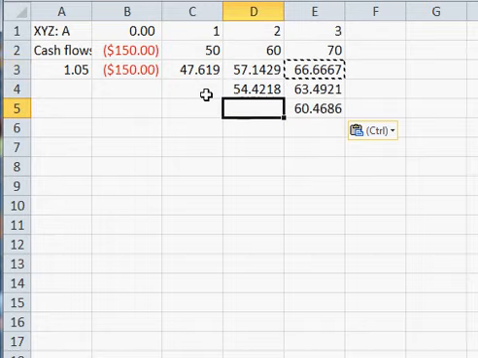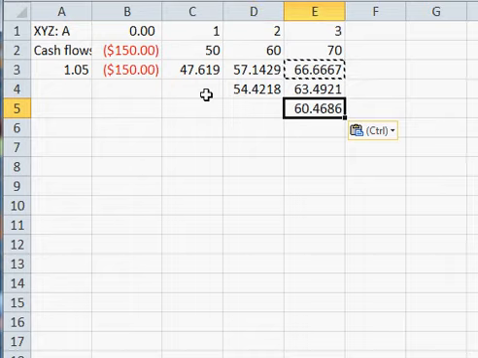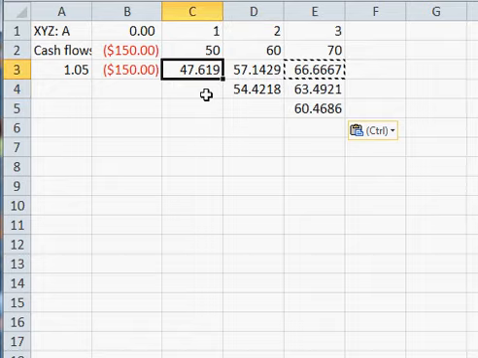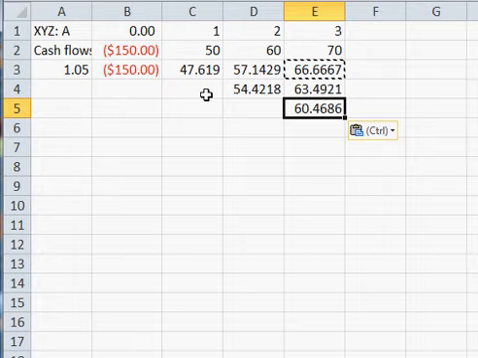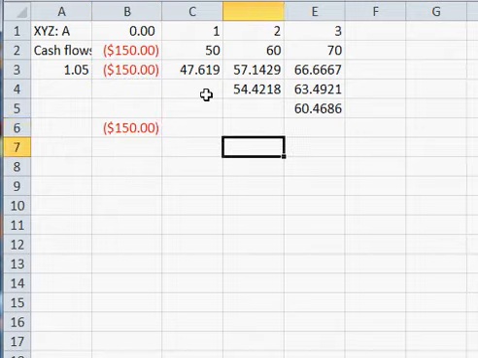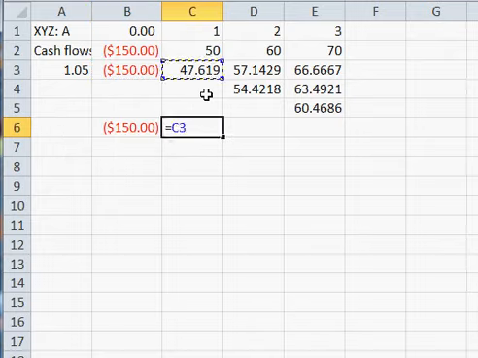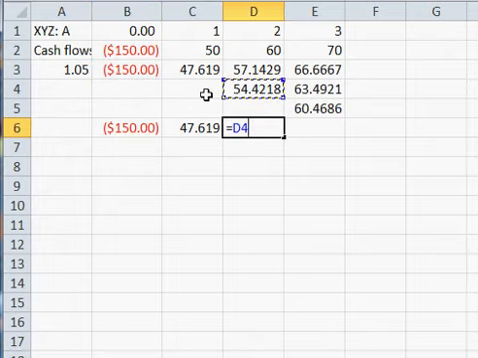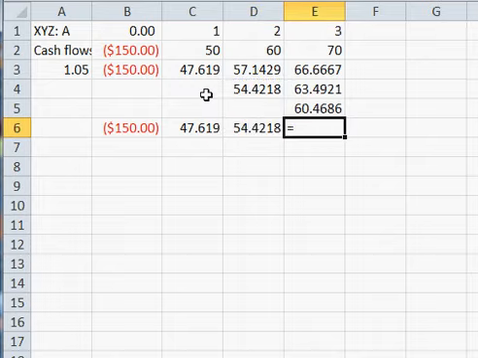I would be willing to pay $60.47 to get 70 in year 3. I'd pay $54.42 to get 60, and $47.62 to get 50. I can combine all of these now because they're all effectively in the same units.